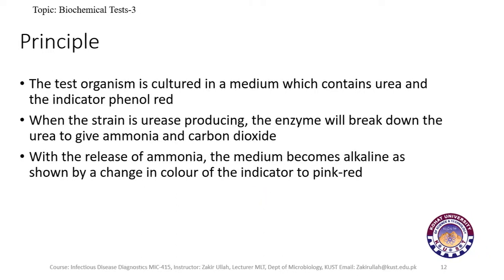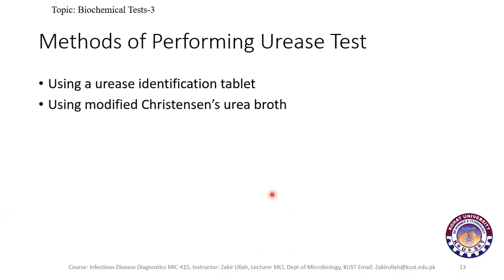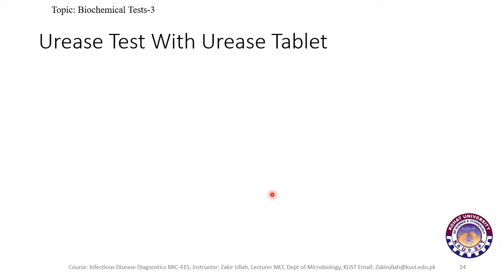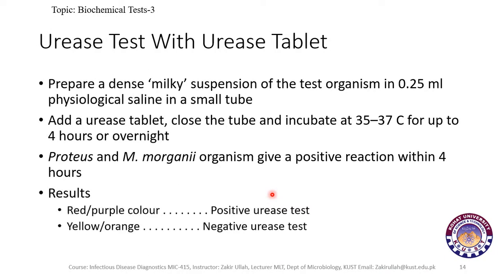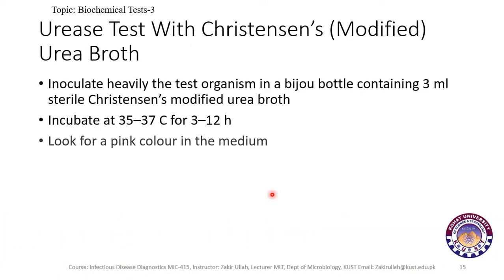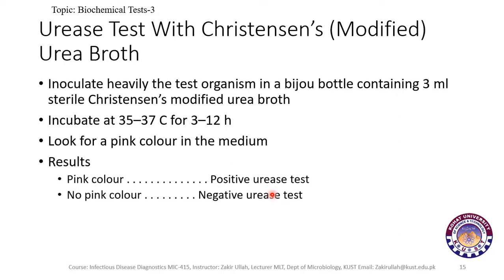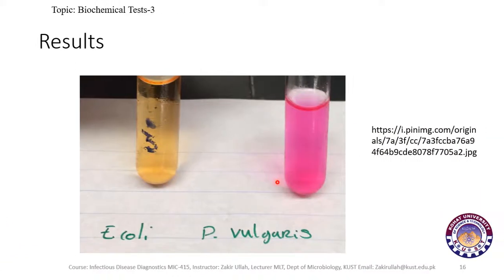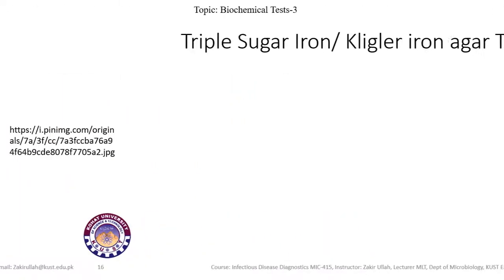This is the principle of performing the urease test, and there are two methods, one is the tablet method and the other is the Christensen modified urea broth. So this is the procedure, and the result: pink color shows that this is a positive urease producer, and if there is no pink color, this is negative. So E. coli is a negative urease producer and Proteus vulgaris is a positive urease producer.